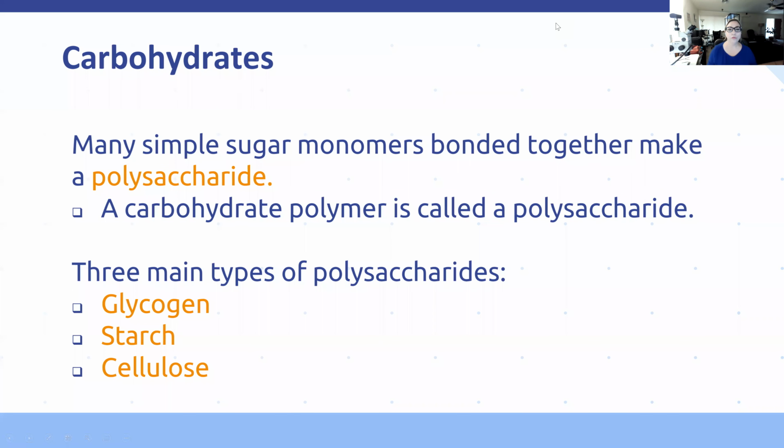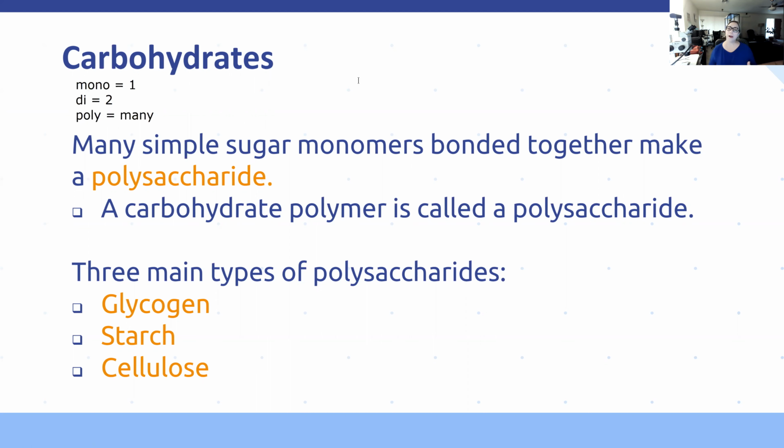I think that it's helpful when you are learning these terms to try to remember what the root of the term means. So mono equals 1. Di equals 2. Poly equals many.